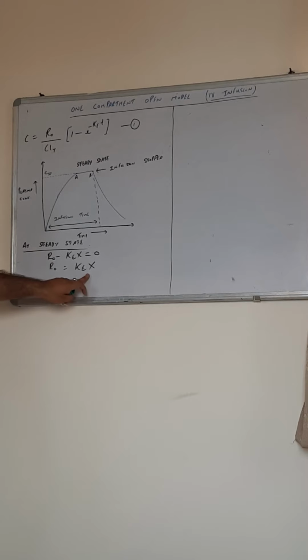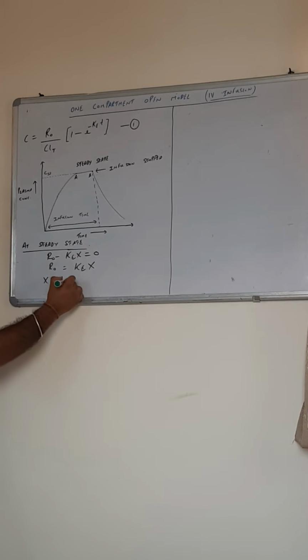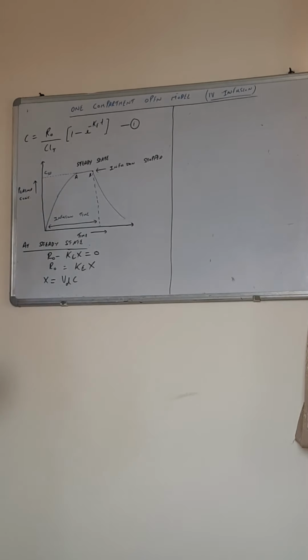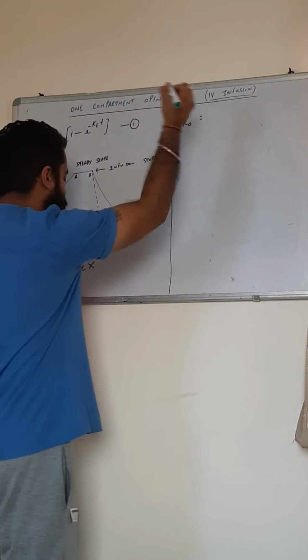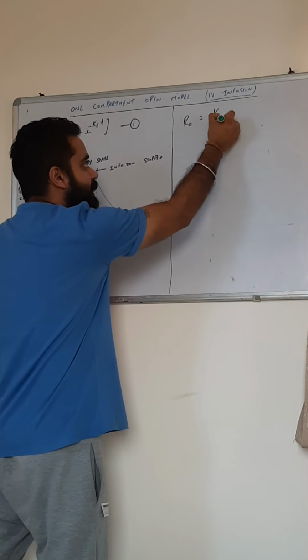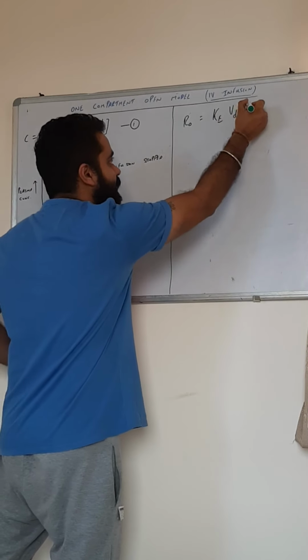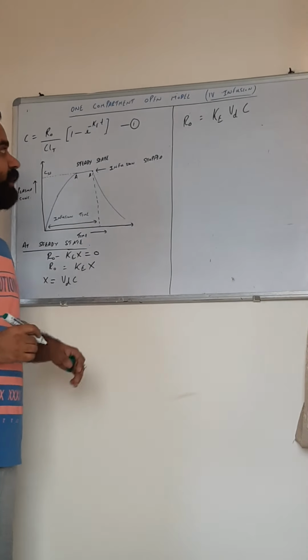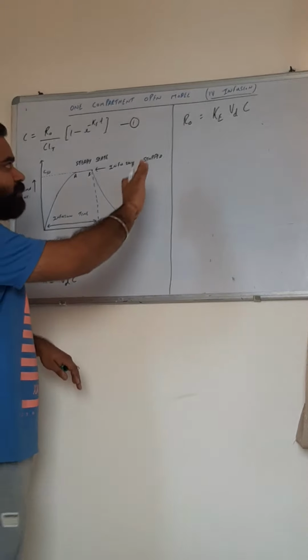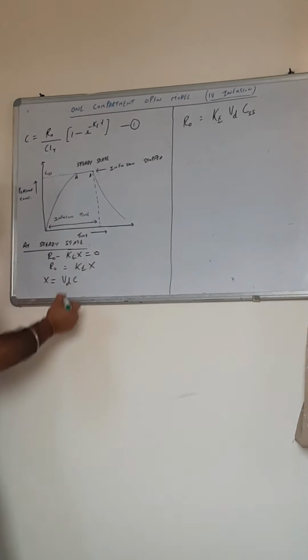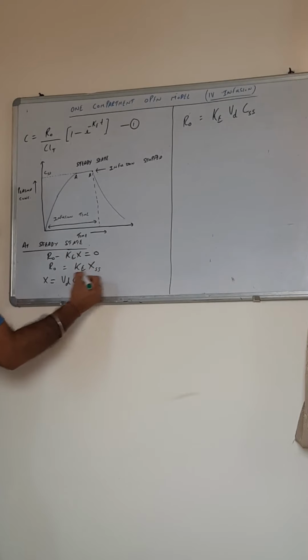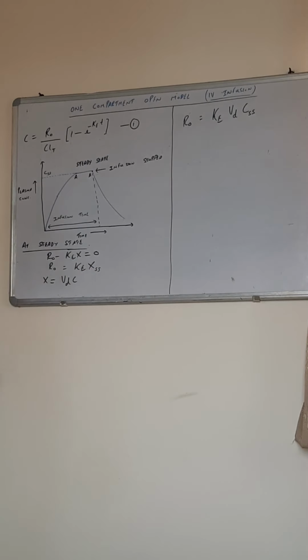On converting this expression R naught is equal to KE X into concentration terms by replacing X is equal to VD C, we get R naught is equal to KE into VD into C. Now, we can also replace this C by CSS and X by XSS, because we are talking about the steady state.